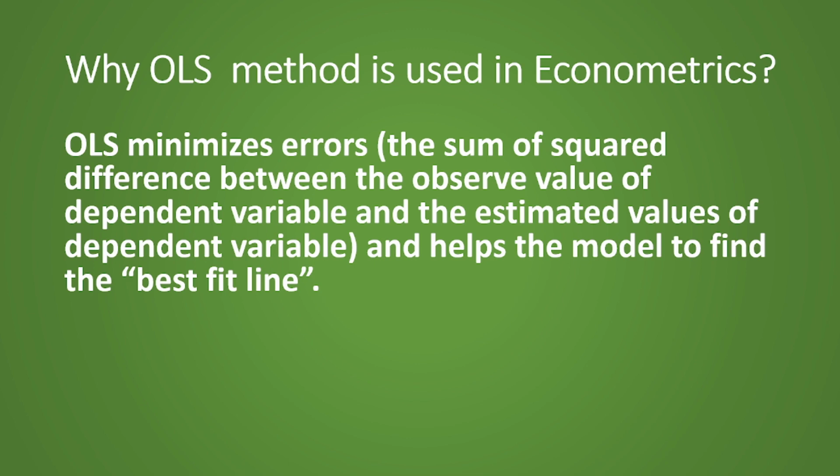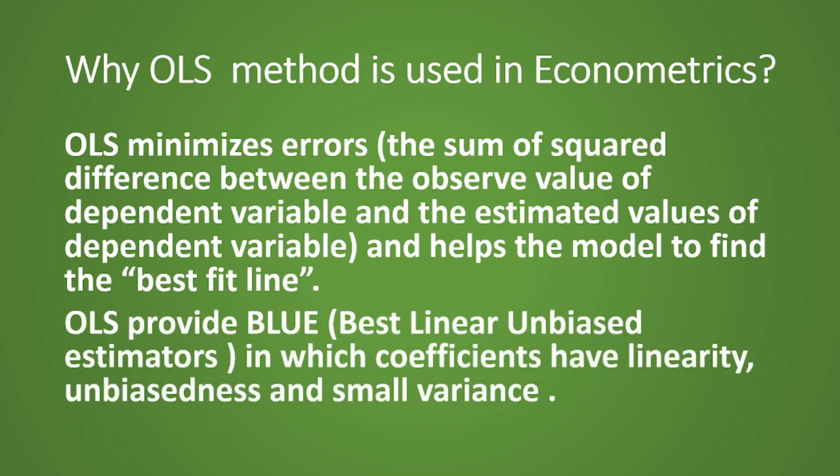So OLS method minimizes error and helps the model to find the best fit line. OLS provides BLUE, or best linear unbiased estimators, in which coefficients have linearity, unbiasedness, and small variance.